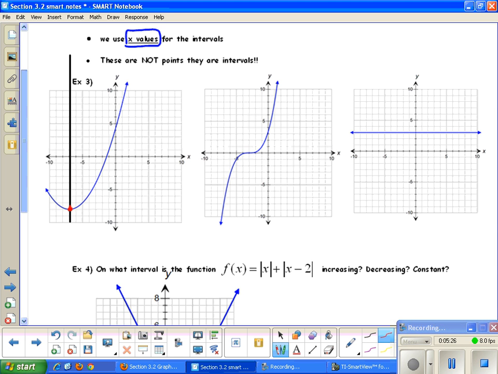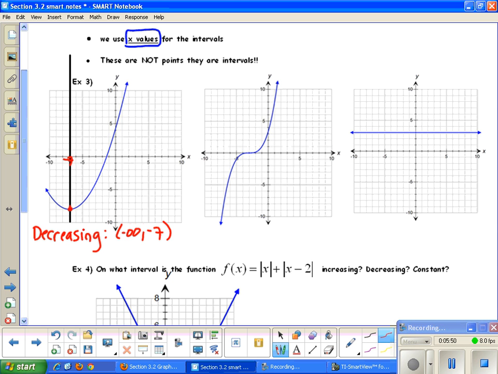If I have the equation, I can use my graphing calculator to find the minimum value. If I don't, I can just look at the graph. In this case, it looks like negative 5, 6. So this is an x value of negative 7. So that means that we are decreasing on the interval from negative infinity to negative 7, in parentheses.